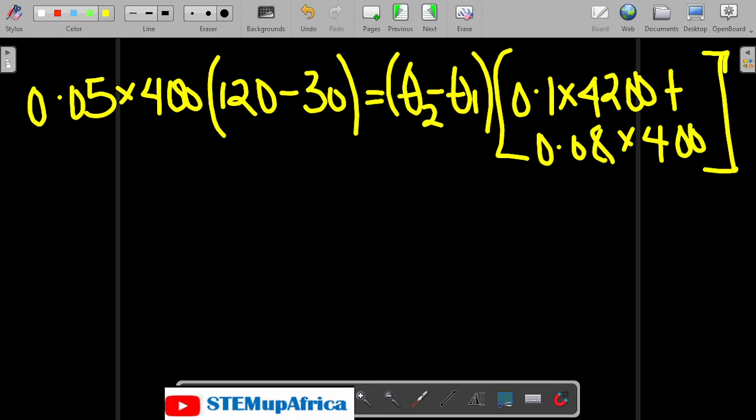The calorimeter is copper, the same material as the ball, so it has the same specific heat capacity.